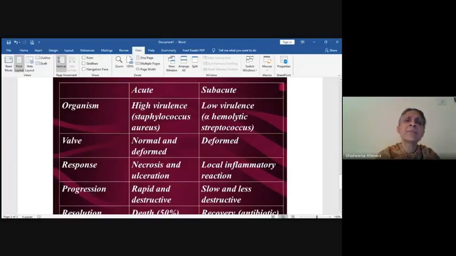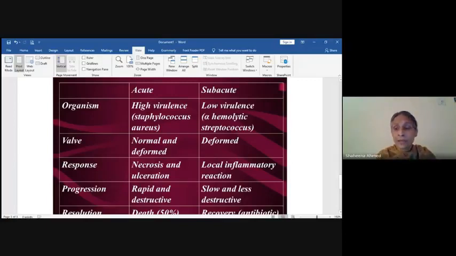In some cases there might be some deformity, but in the majority of cases you will find a normal healthy valve on which acute endocarditis happened. Whereas in subacute endocarditis, the heart valves are always going to be deformed. So subacute cases develop on heart valves which are already deformed.